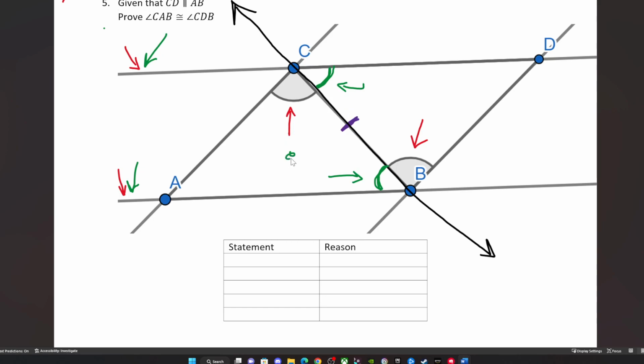This triangle right here is congruent to this triangle right here because of the angle-side-angle triangle congruence theorem. And because these two triangles are congruent, their corresponding parts will also be congruent. And this part right here corresponds to this part right here.